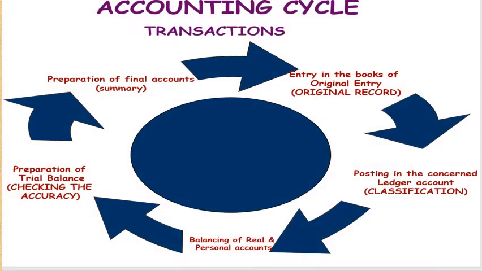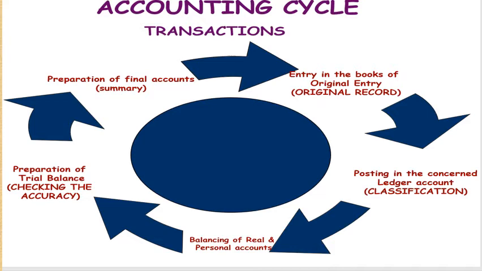So let's look at the accounting cycle. We start with the transactions where you make some dealings with customers or clients, and then from there you're going to post your books into the books of original entry, which is the journals. From the journals, we go ahead and post them into the concerned ledger accounts, ledgers.